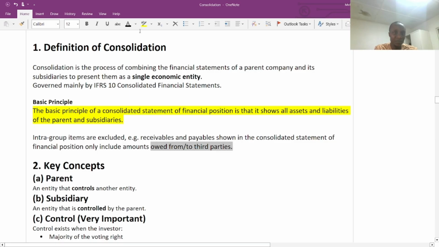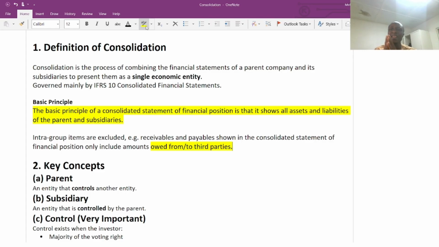So basically, these 2 points are very important for you to understand the whole content of the consolidated financial statements. Firstly, you need to know we are going to put together all the assets and liabilities of the parent and the subsidiaries.